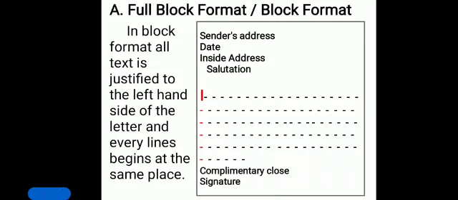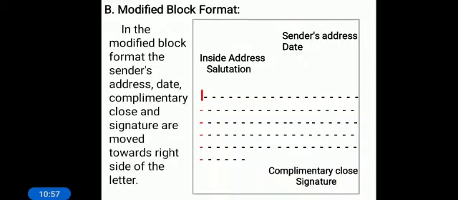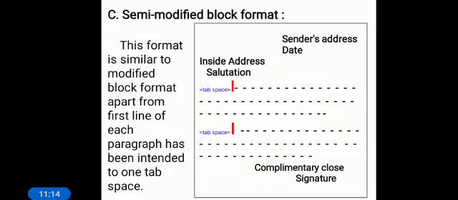So here all the parts of the letter are placed on the left hand side of the letter. In modified block format, sender's address, date, complimentary close and signature are moved towards the right hand side of the letter. Okay, then third one is semi modified block format.